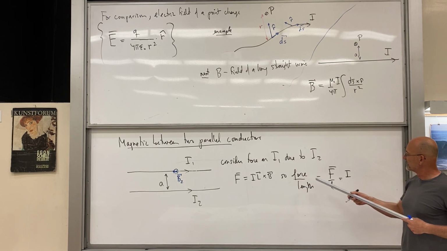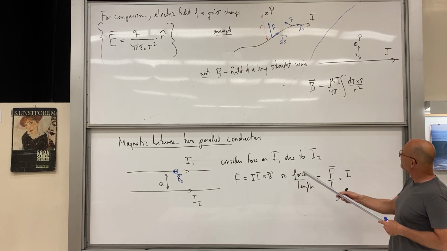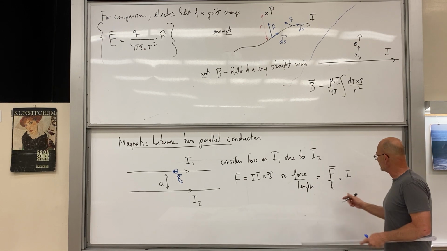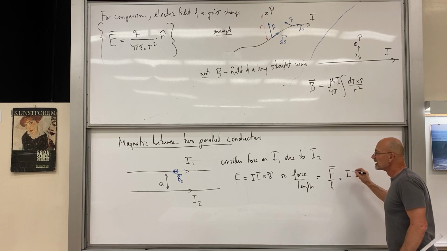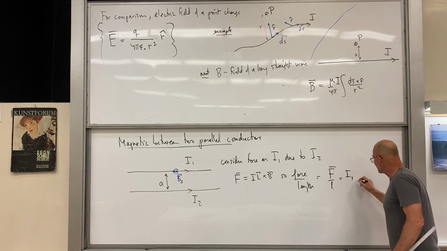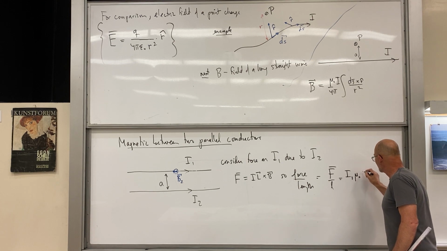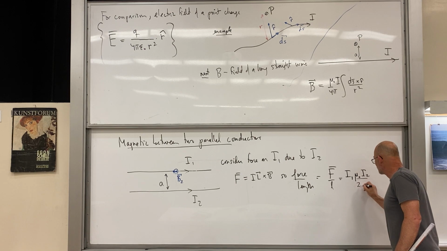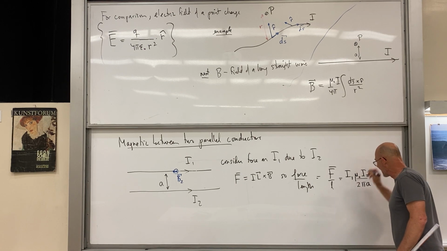So force per length. I have the B field, which is mu naught. I just erased it, it's fine. But the B field is I, so 1. The B field is mu naught I sub 2 over 2 pi A.